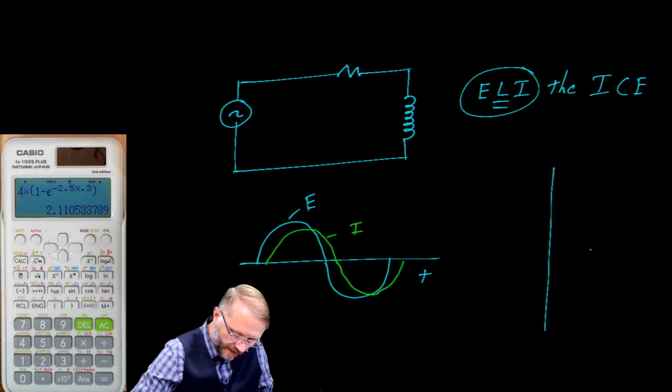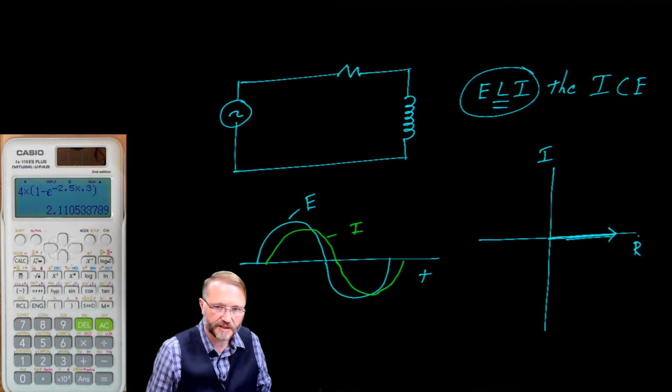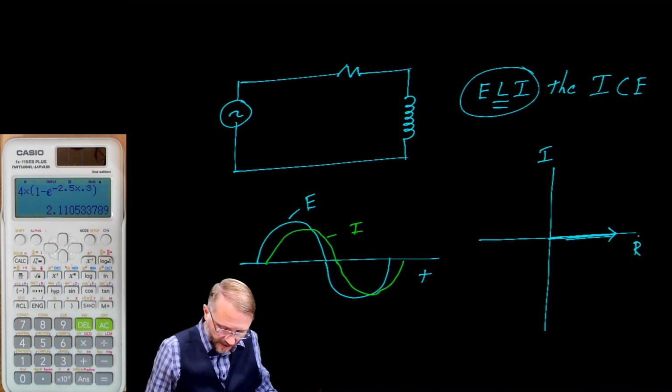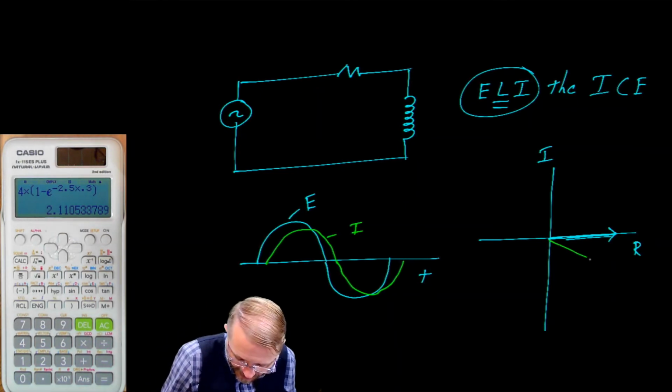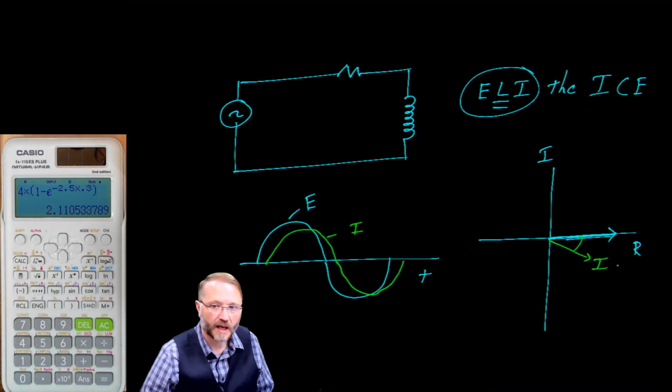I think earlier we mentioned that we could talk about things on the real and imaginary axis. This would be the voltage. The voltage is represented by that vector, and it occurs all on the real axis. The current would lag behind. There would be a phase angle, and we would see that the current lags behind.